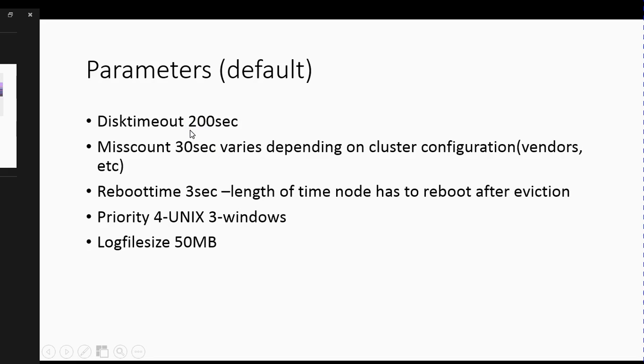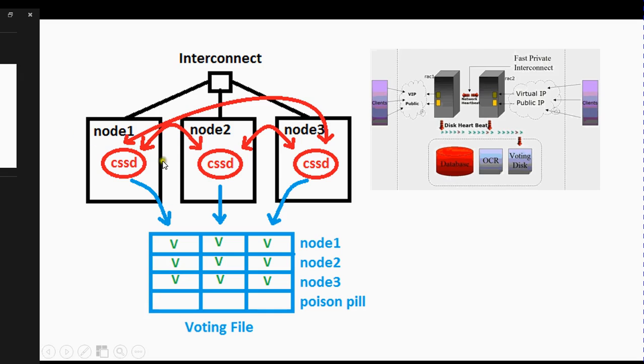So basically, in terms of node communication, this is a very good diagram. Here you have the different nodes. This is the cluster synchronization service, the processes, and this is how they are communicating with the voting disk. This is also referred to as a voting file.